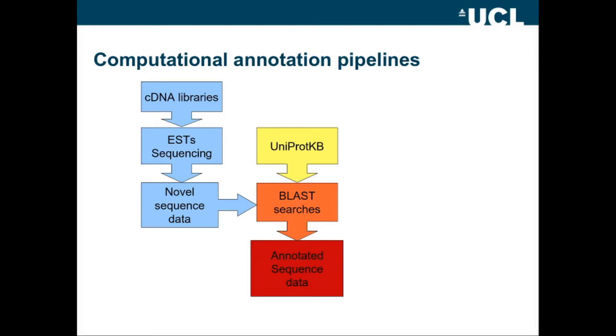So if we're starting with a cDNA library, and then we're doing sequencing of ESTs, so as I said, that's just the first 500 or 600 bases off the end of a piece of messenger RNA that's been turned into a cDNA library, or indeed we are sequencing the whole of the cDNA. What we end up with from that is novel sequence data.